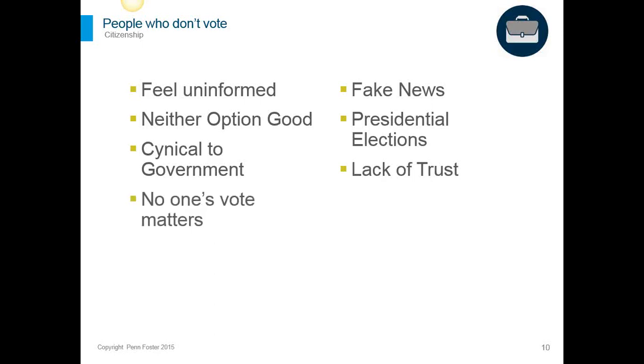Also, there's the idea, and this has been around for a long time, that no single vote is going to matter. But we've had a lot of close elections. In this last election in 2016 at the presidential level, some of the close states, Wisconsin, Pennsylvania, Michigan, North Carolina, and Florida, all came down to a few hundred votes, a few thousand votes.